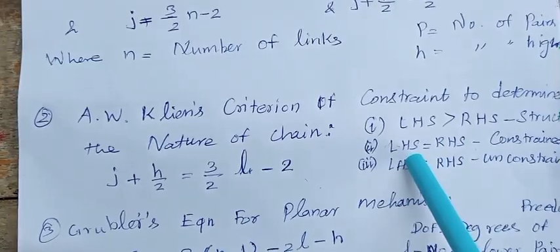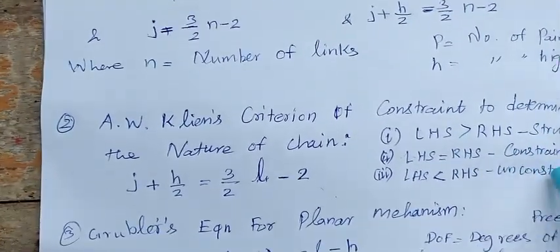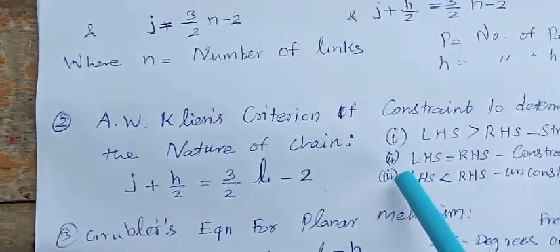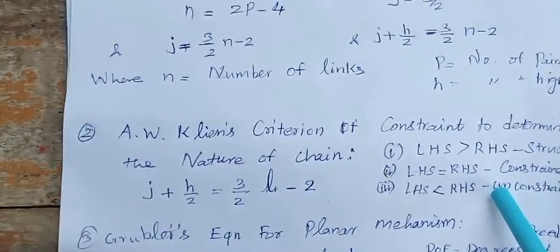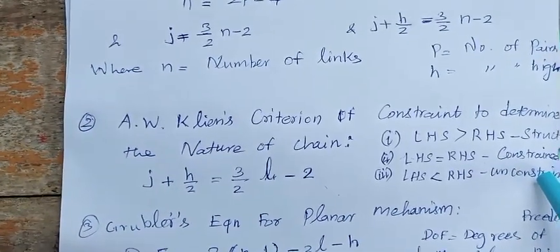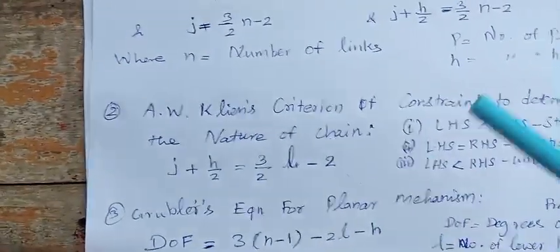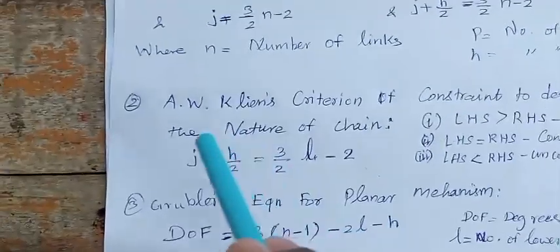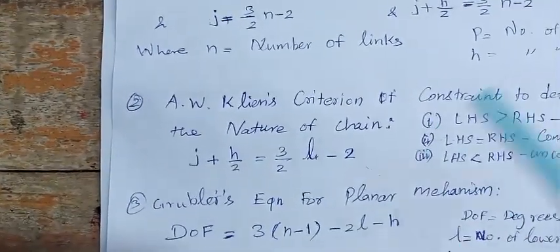Left hand side equal to right hand side, it's a constrained chain which gives definite motion. And third one is left hand side less than right hand side, it's an unconstrained chain. So Klein's constraints give the nature of the chain: j plus h by 2 equal to 3 by 2 l minus 2.